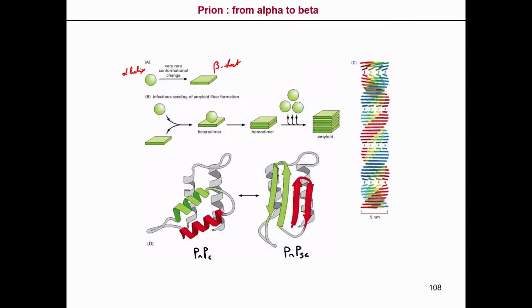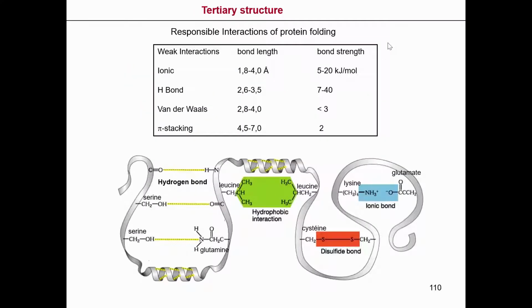Do you have another question? So, no, I can start now the last part of lecture about proteins. So we've already seen the primary structure, which corresponds to the sequence of amino acid in the proteins.